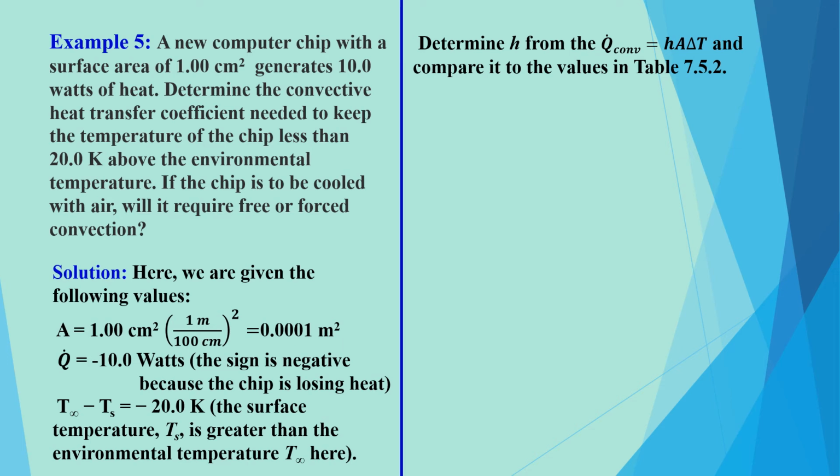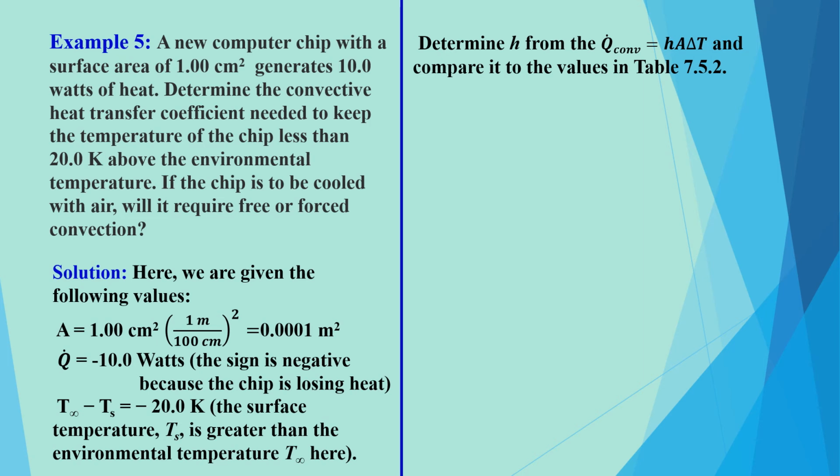The sign is negative because the chip is losing heat. T infinity minus Ts is negative 20 Kelvin. The surface temperature T sub S is greater than the environmental temperature T sub infinity here.